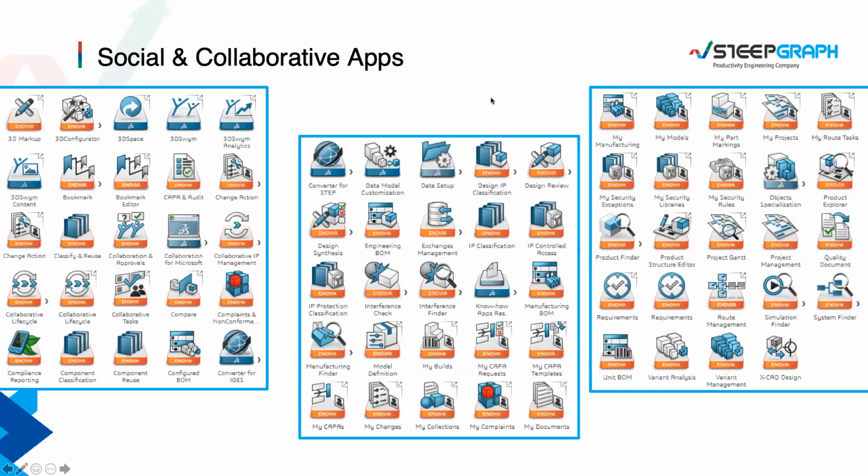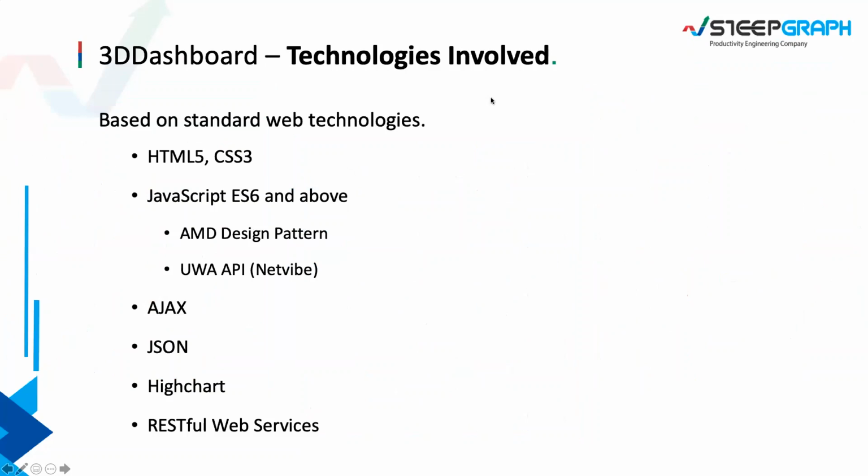So let me go to the technology part now. Which technologies are involved to develop the 3D dashboard front end and back end, or if you have to go for new widget development, what kind of skills are required? The skills required typically are the standard web technologies, including HTML5, CSS3, JavaScript ES6 and above, which includes the AMD design pattern.